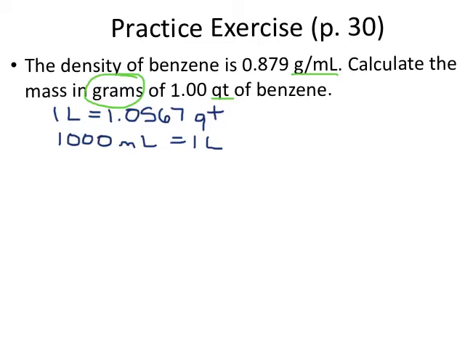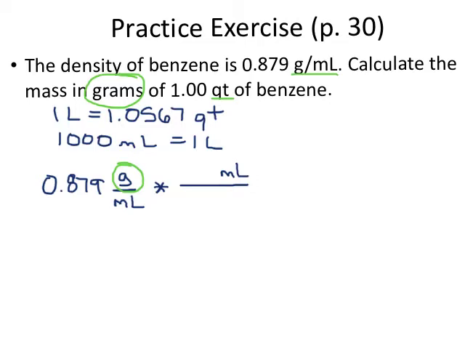So to start this out, I'm going to write out my density, 0.879 grams per milliliter. Now we know we are leaving the grams because we want our final answer in grams, so our conversion factors are going to focus on getting rid of the volume. In this case, multiply by a conversion factor that cancels out milliliters.